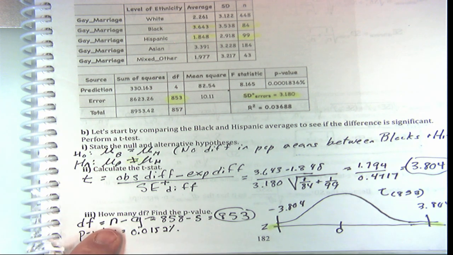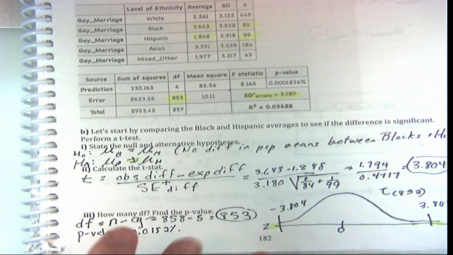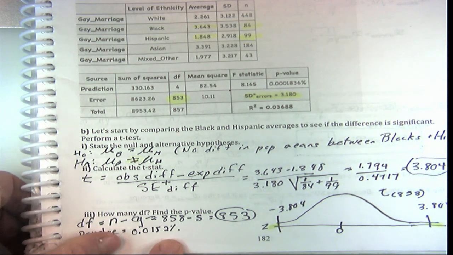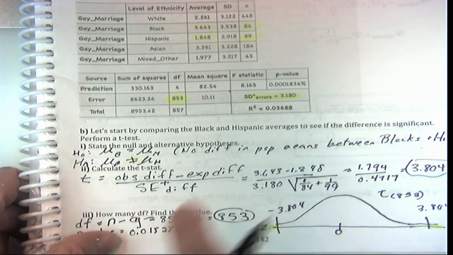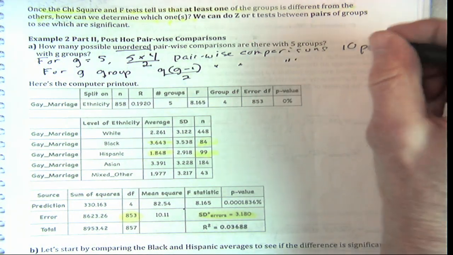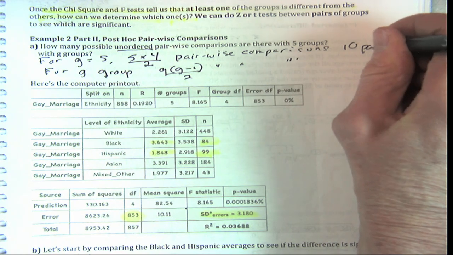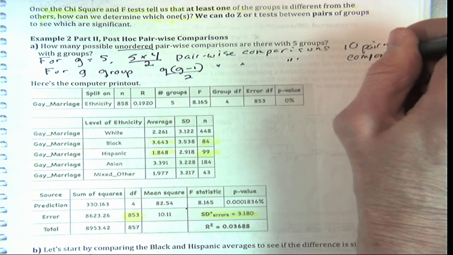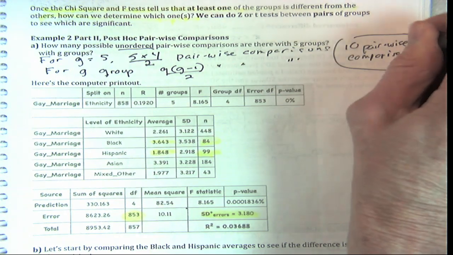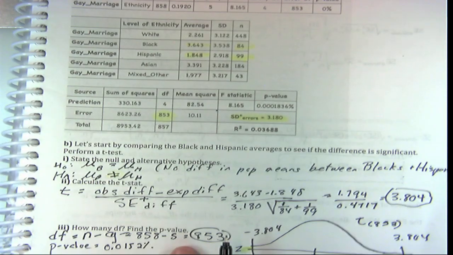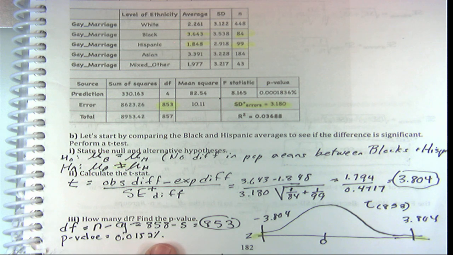Now we're going to have to do something with this p-value. We have to use the fact that there are 10 pairwise comparisons, 20 divided by 2. We just looked at the first comparison, but if we look at all 10 of them, we have to adjust this p-value.